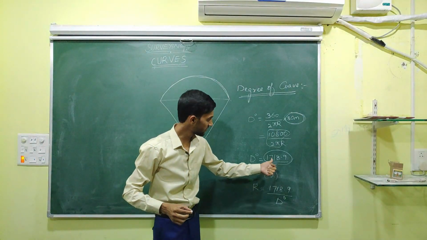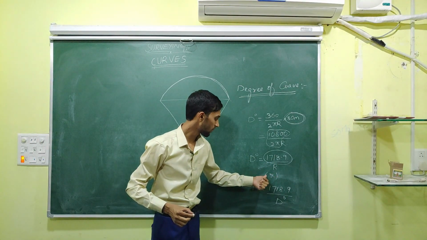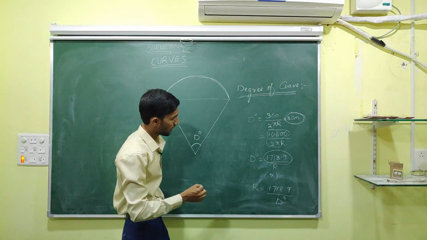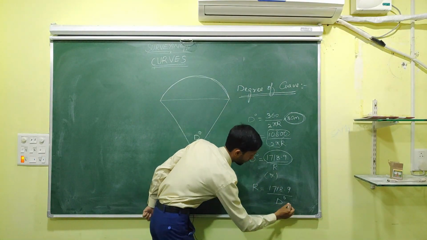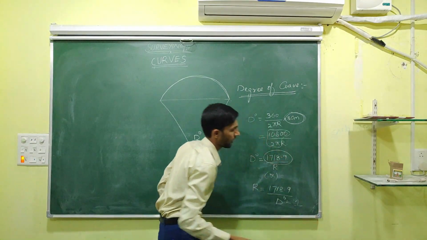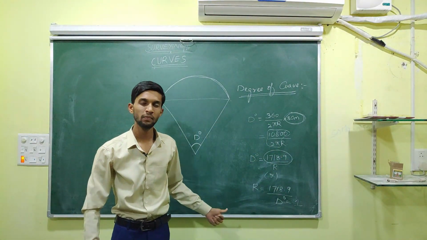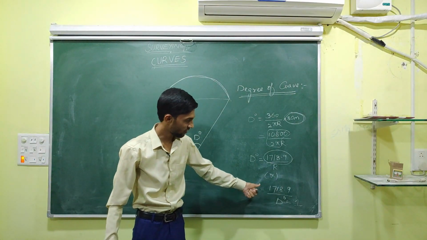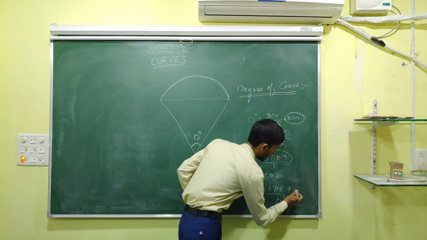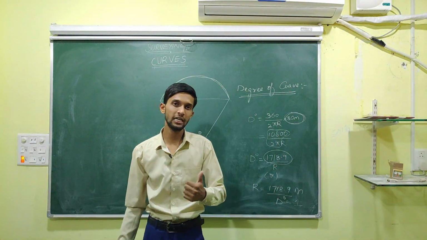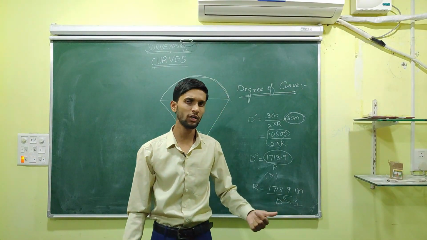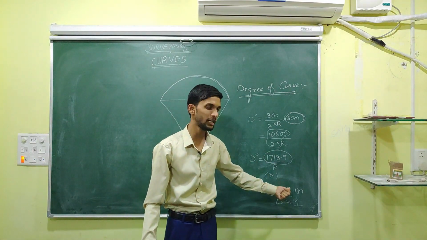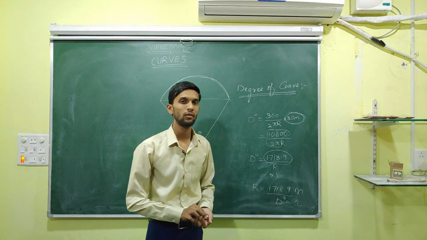So r is equal to 1718.9 by D. If the degree of curve is 1, that curve has a radius of 1718.9 meters, whether it is a simple curve or whatever curve.